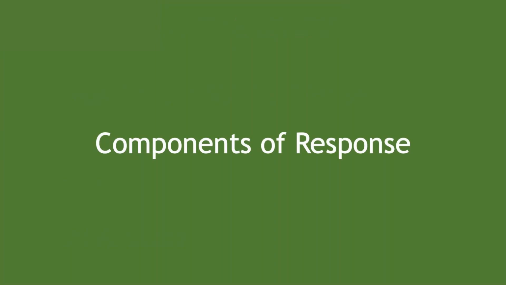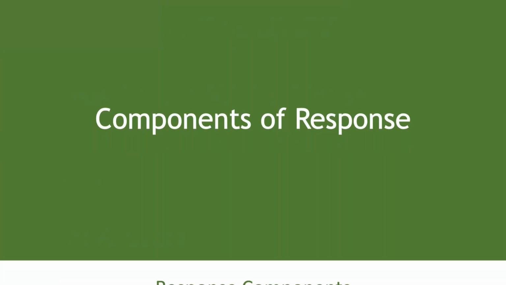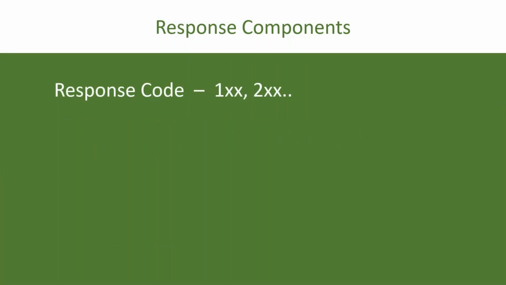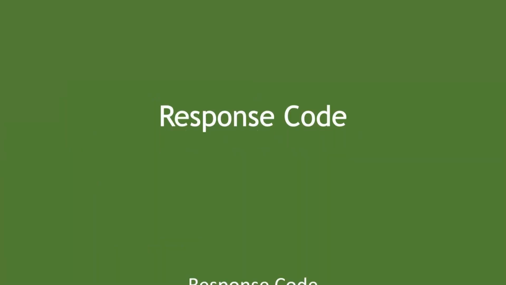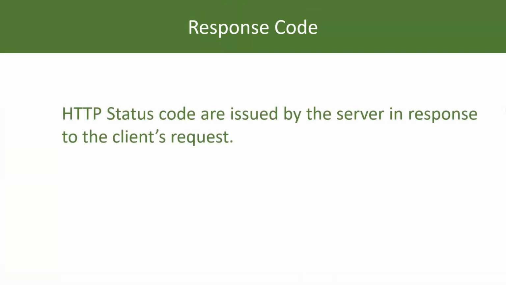Let's look at the response components: response code, headers, and body. Here also, at times the body could be optional. We looked at the response code extensively and also saw some practical demonstration. The response code can also be called the status code.